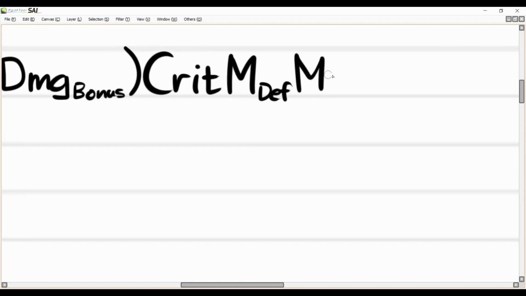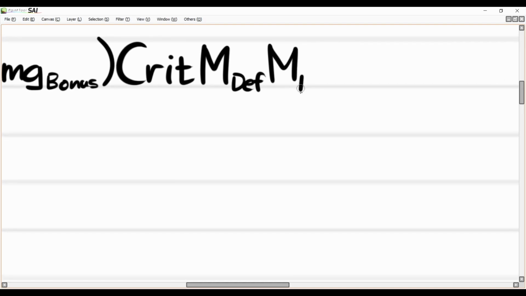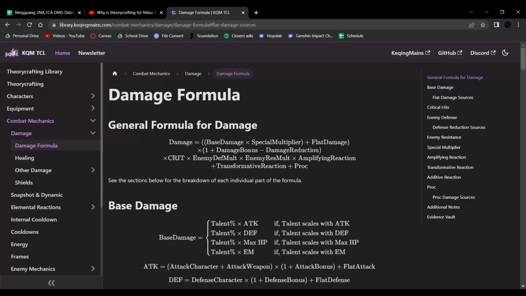I just decided to write it as the enemy multiplier. It's technically enemy multiplier resistance and enemy multiplier defense, at least in this equation, but I'm too lazy to write it out, so I'm just going to write it as M.